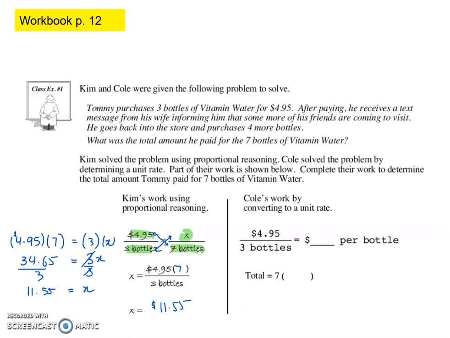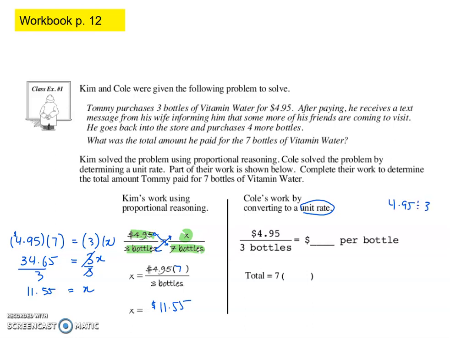Another way to do it is to find the price of 1 bottle, so the unit price first. So that's what Cole's doing over here, by changing into the unit price per bottle, and then multiplying the cost of 1 bottle by 7 to understand how much the total is. So that's what Cole did. They set it up $4.95 for 3 bottles, and then you simply go 4.95 divided by 3.